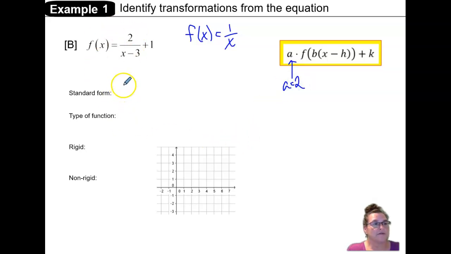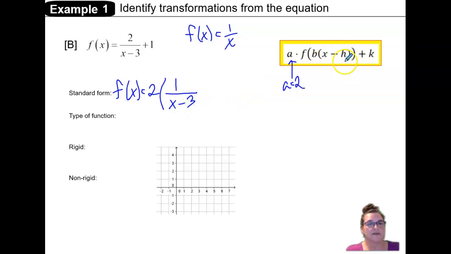So in standard form, I would start out with f of x is equal to 2 times the quantity 1 over x minus 3, because that x minus h tells me now that my h is 3.